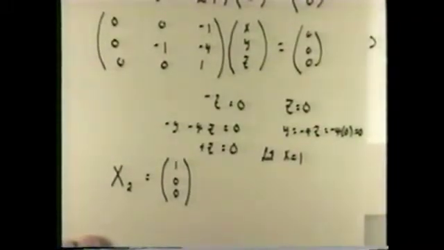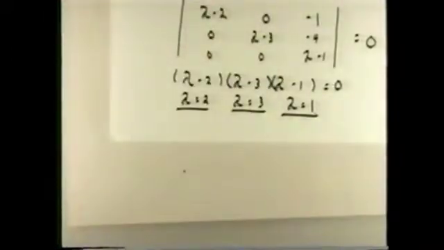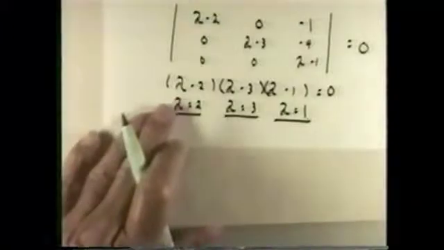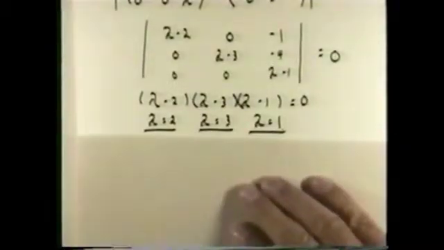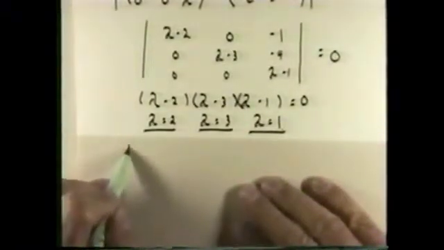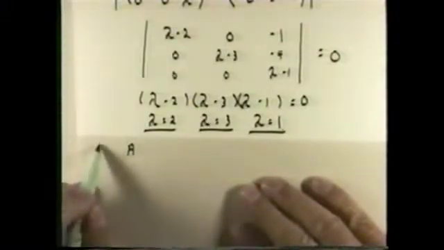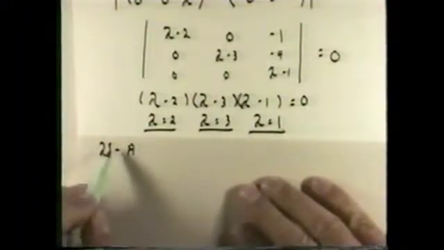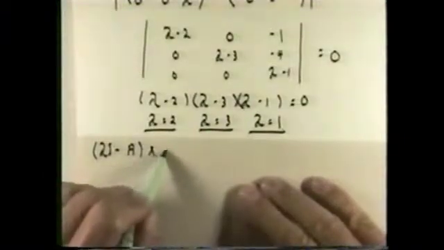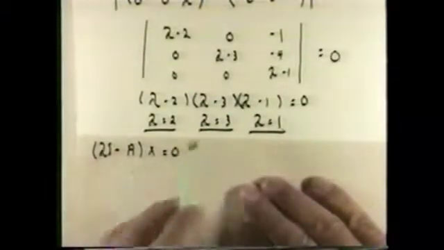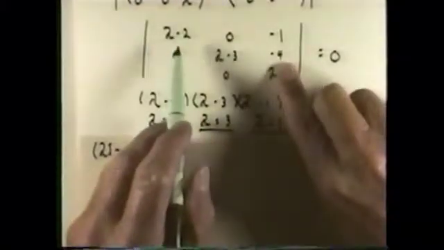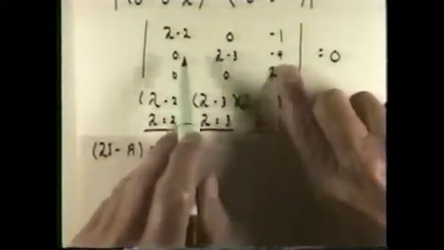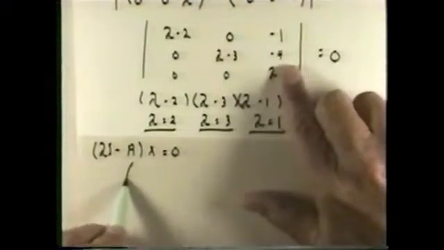Now, let's let lambda be 3. And we want to get the vector associated with lambda being 3. Again, we're going to have lambda I minus A times x is equal to 0. Well, if lambda is 3, here's my lambda I minus A matrix, so I'm just going to substitute in now.